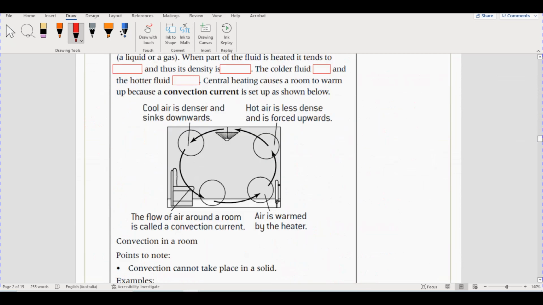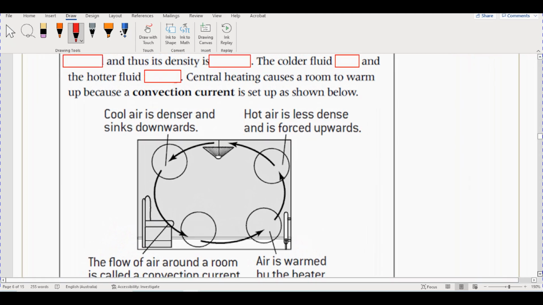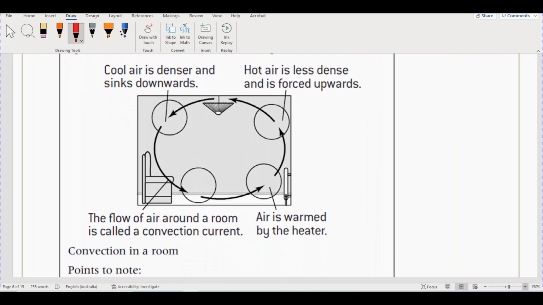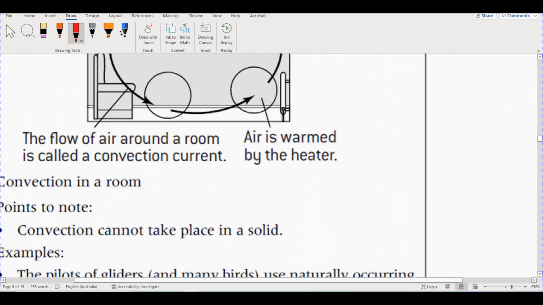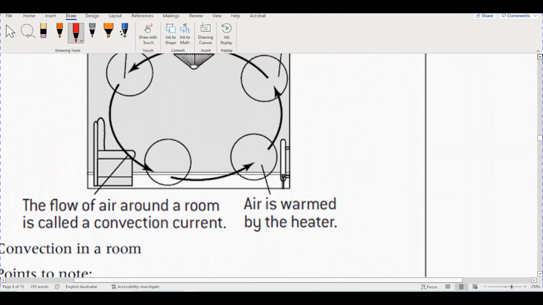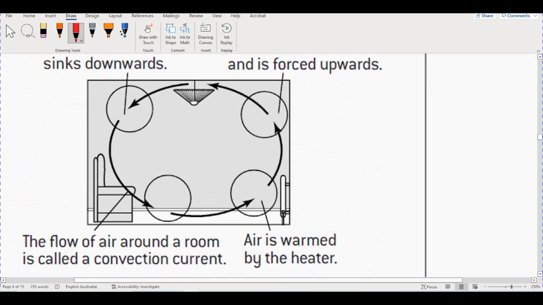Let me use another picture in the handout to demonstrate the idea. You see, we have a heater at the lower corner of the house. So this is a heater.